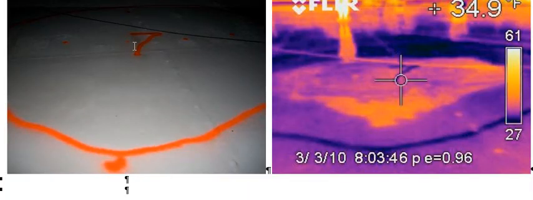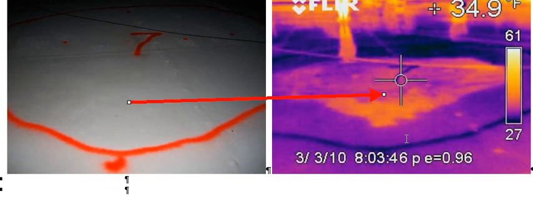Here on number 7, we've got a thermal image, pretty good size. And also you can see the paint marks that show up on this thermal imaging.